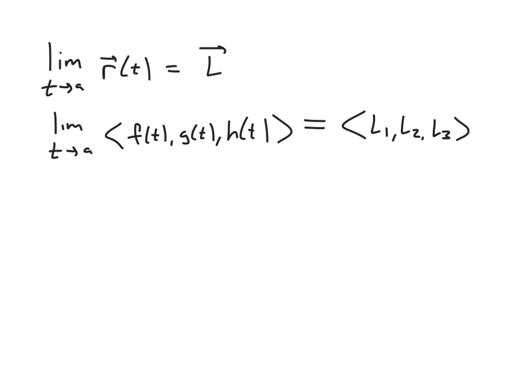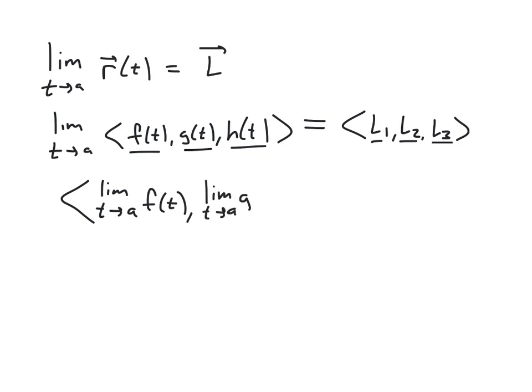Thinking about this logically, the only way that this vector function f of t, g of t, h of t can get close to the point L1, L2, L3 is if each of the three components f, g, and h get arbitrarily close to L1, L2, and L3 respectively. There's no way that h of t does not approach L3, no way that g of t doesn't approach L2, and no way that f of t doesn't approach L1. So what we're really doing when we take this limit is taking a Calc 1 limit in each component.